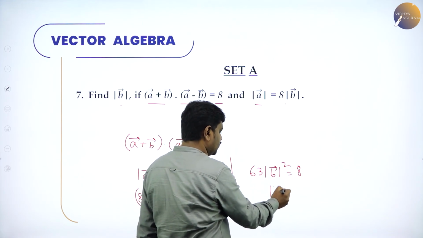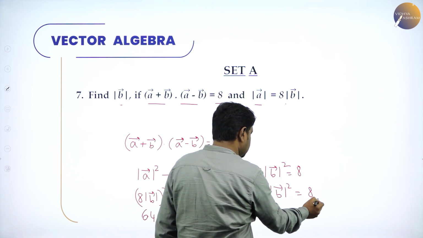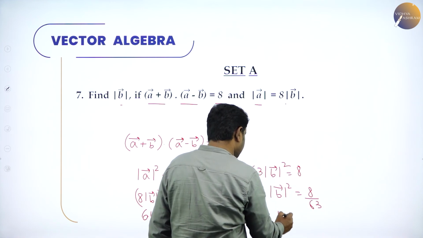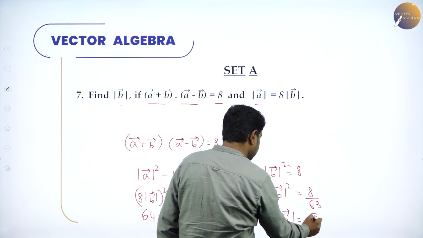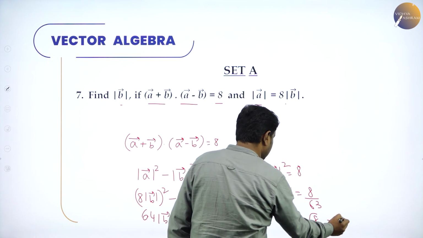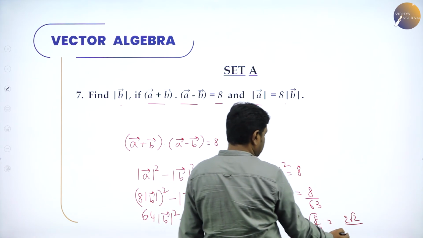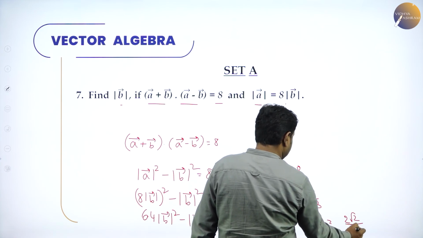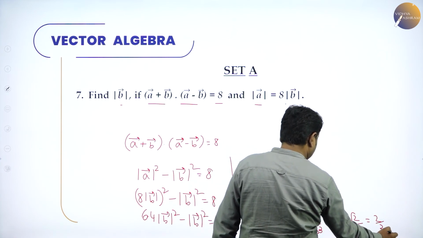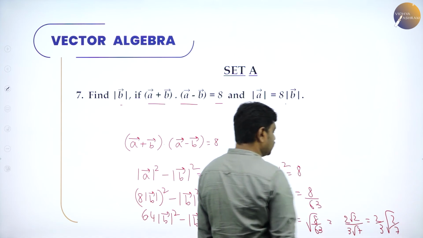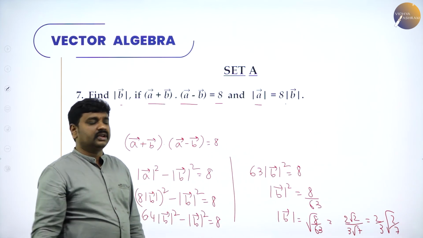Magnitude b square is 8 by 63. Magnitude b is root of 8 by 63. Root 8 can be written as 2 root 2, divided by root of 63, which is 3 root 7, or you can write 2 by 3 root of 2 by 7. This is the magnitude of b.